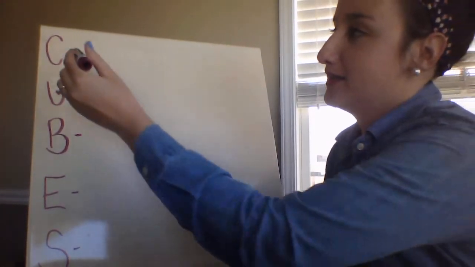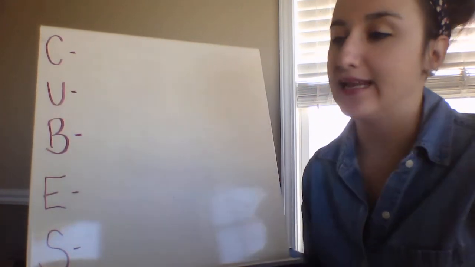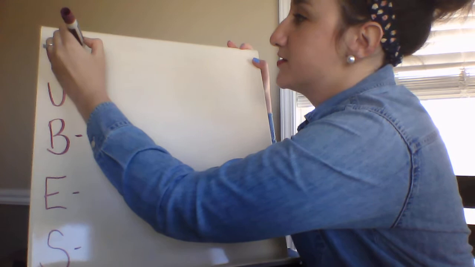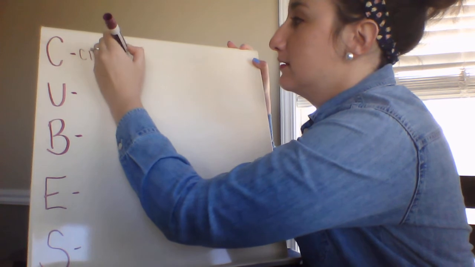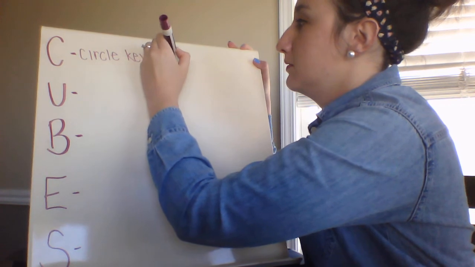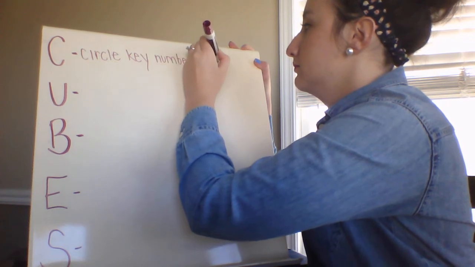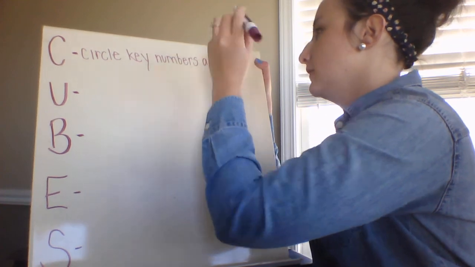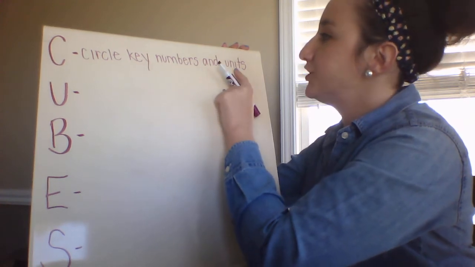So CUBES, C-U-B-E-S. First, we're going to do the C, and the C stands for circle key numbers and units.